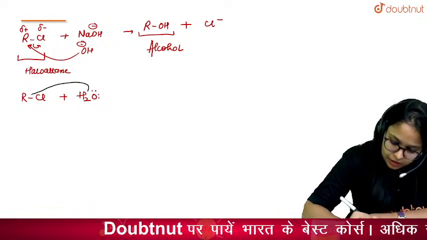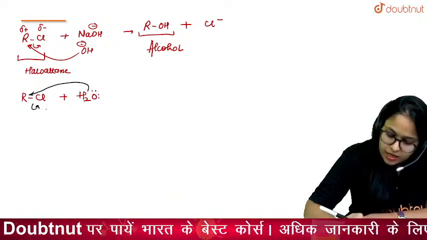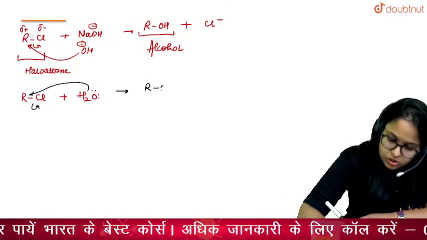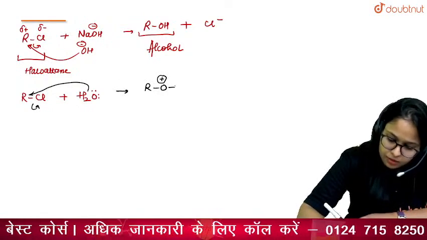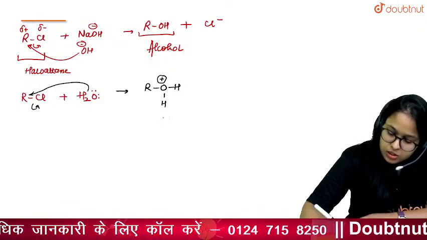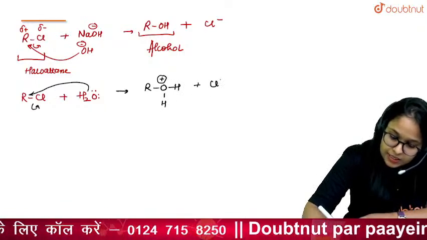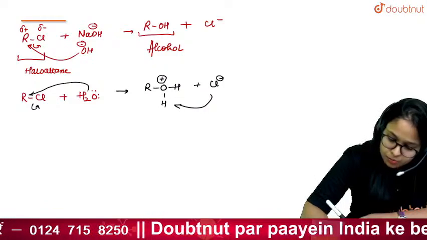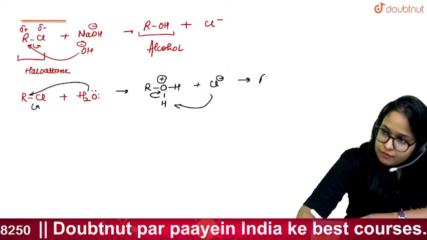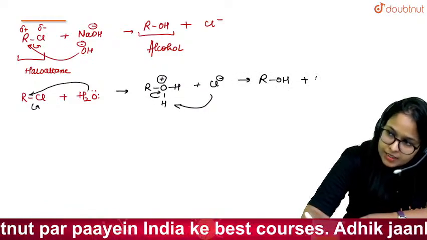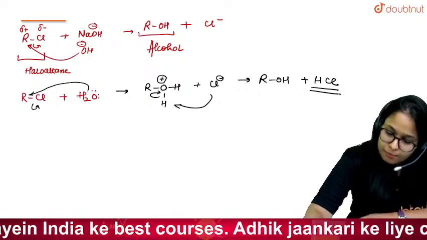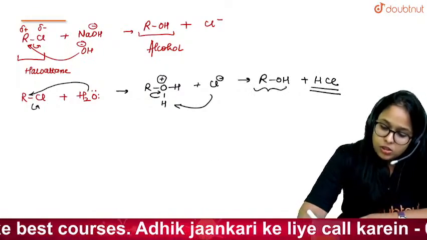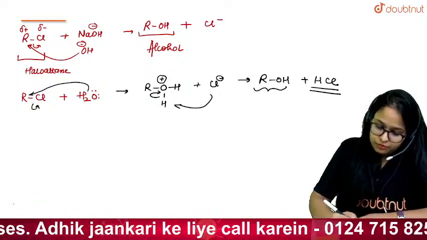It will attack R positive and remove Cl minus. Oxygen gives its lone pair, and whenever a lone pair is donated, a positive charge is developed. Cl minus takes this H positive and you again form ROH, and HCl is released as the byproduct. This also leads to the formation of alcohol.